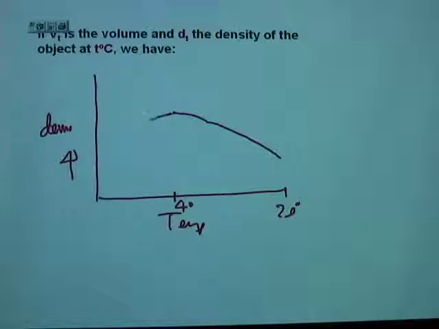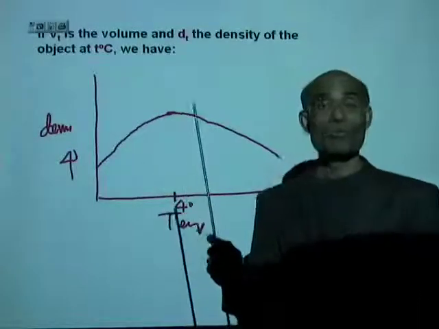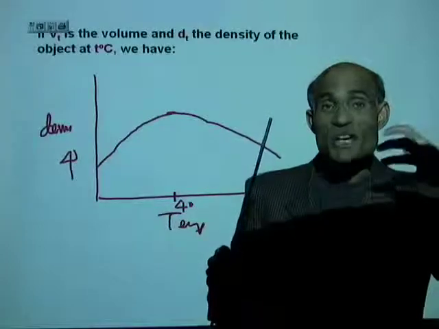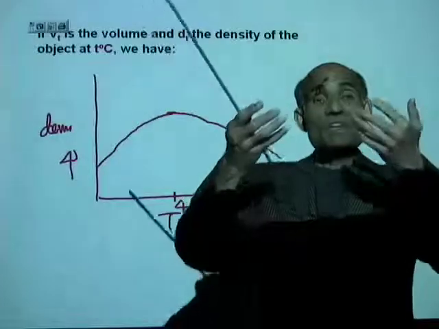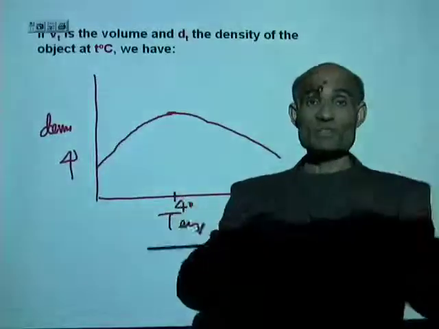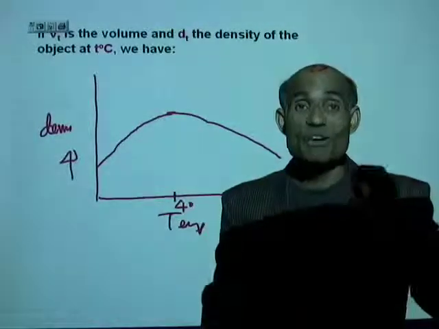If you cool down water further, its density decreases. So water has a maximum density at 4 degrees. When water begins to cool below 4 degrees, its density decreases and it will rise. That means it rises to the top and there it freezes. So ice begins to form at the top of the water first.